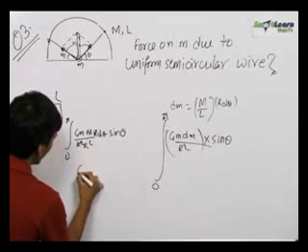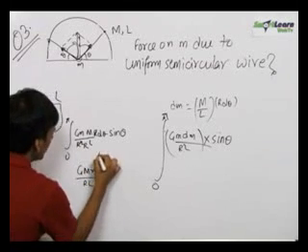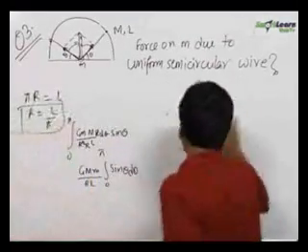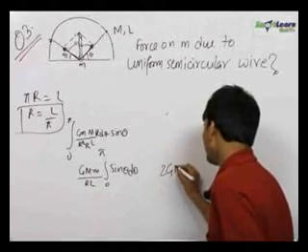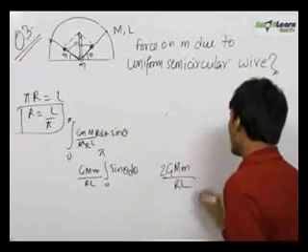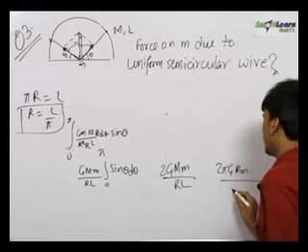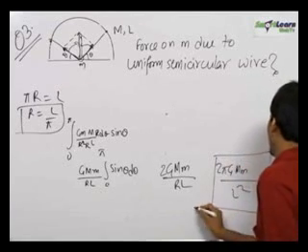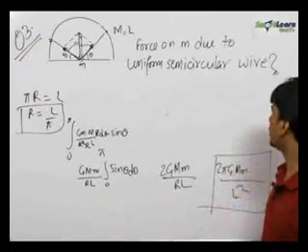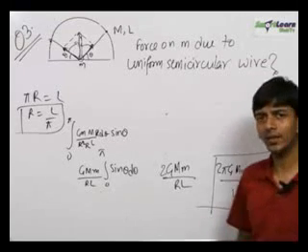This is equal to G M m upon r L integration 0 to pi sine theta d theta, which is equal to 2 G M m upon r L. Now r is equal to L upon pi, so this becomes 2 pi G M m upon L square. So the final force acting on small mass m due to the uniform semicircular wire becomes equal to 2 pi G M m upon L square in the upward direction.